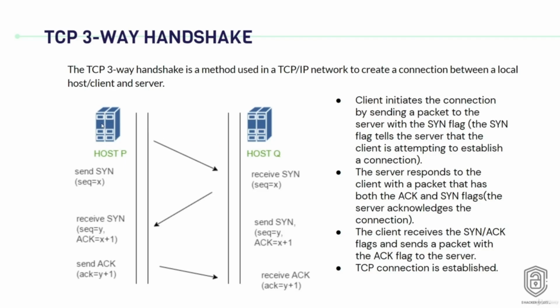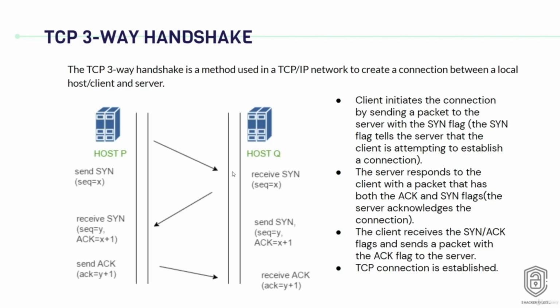As you can see here, the TCP three-way handshake is a method used in a TCP/IP network to create a connection between a local host and a server. So you're trying to initiate a connection between two devices. The client that wants to connect to a server will send a SYN, a packet with the TCP header flag set to SYN, which means you're trying to initiate a connection.